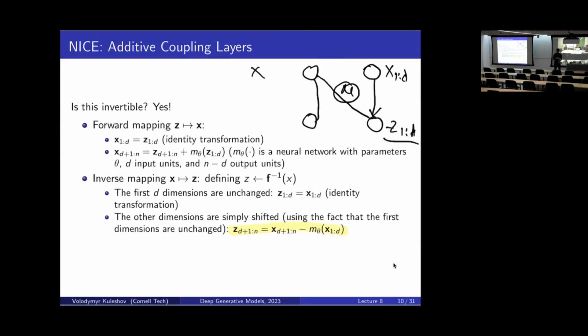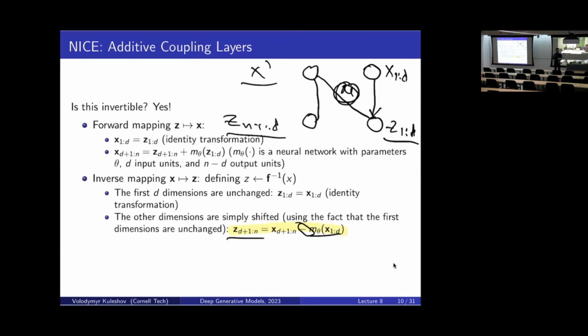And now I have x, let me just call it x prime, that's the other part. To get z from d+1 to n, I take this m, I subtract it from this x, and now I get the variable that I want. Because we have this interesting structure in our forward mapping, the inverse mapping is also completely invertible.